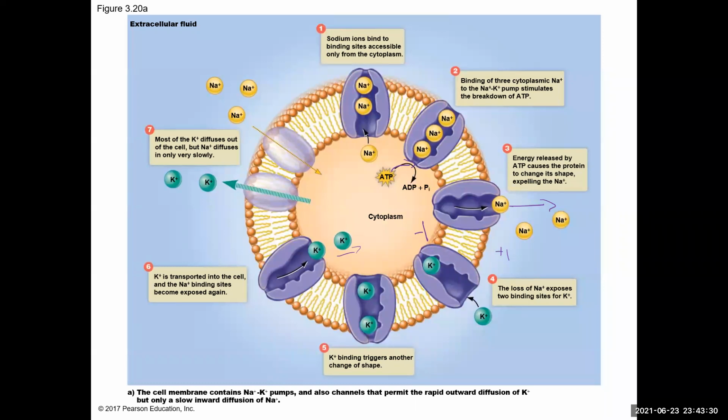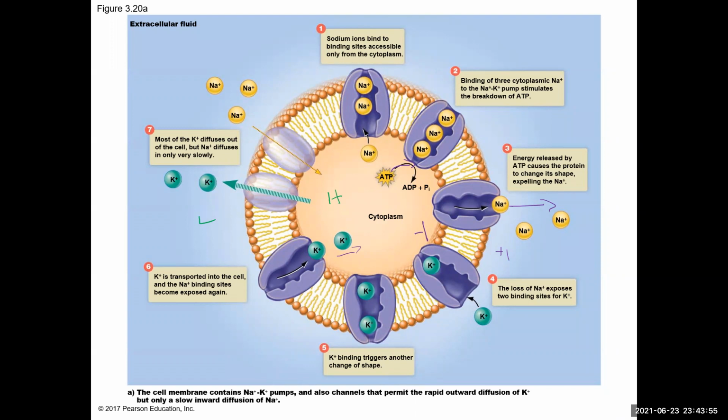Okay. There are passive channels that allow sodium to come back in and potassium to go back out. We'll do the appropriate colors. Potassium is what? Colored green. So potassium's high on the inside, low on the outside, so it wants to move down its concentration gradient.